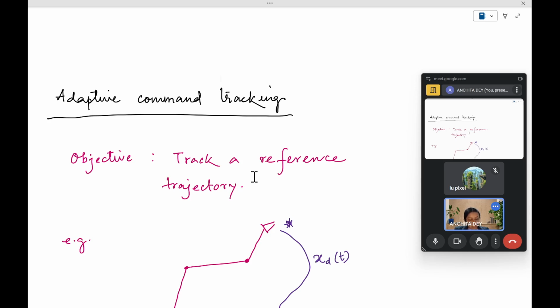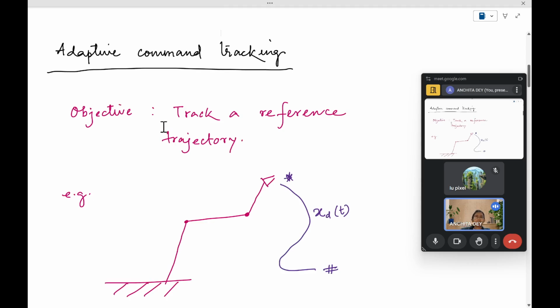So what we mean by adaptive command tracking is simply, again, adaptive law design, where the objective is that you want your state to track a reference trajectory without any reference model being given to you. You are just given a simple signal, right?